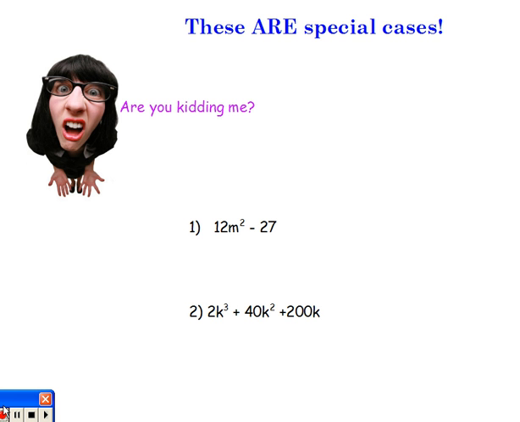At first glance, these two problems do not look like they're any one of our two special cases, but they are. They absolutely are. Press pause and see if you can figure out why. While you were gone, I just happened to notice that number 1 has a common factor of 3. I'm going to go ahead and factor that 3 out, like the first factoring that we ever learned.